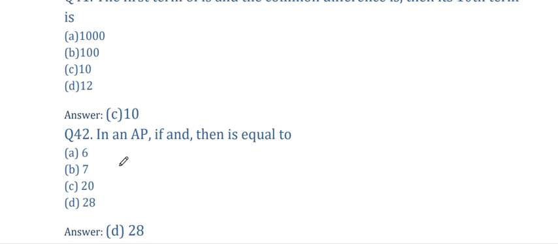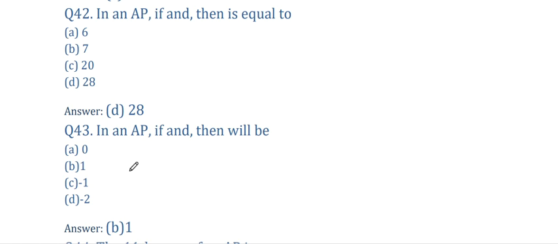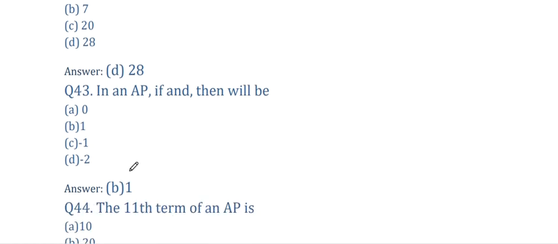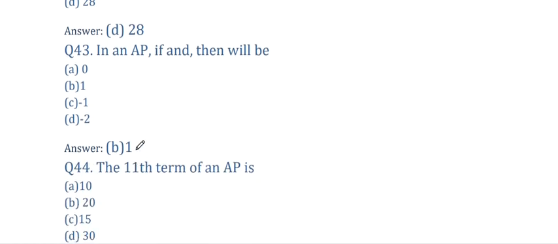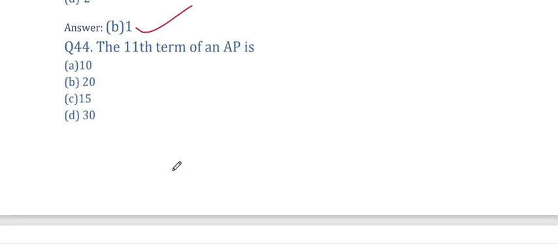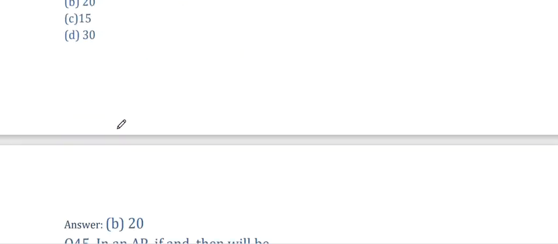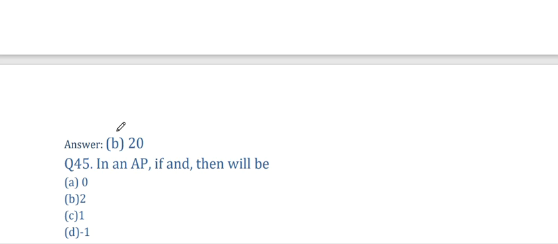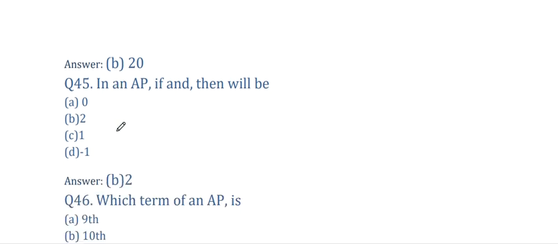In an AP, if the given terms are known, then it is equal to 28. In an AP, the value will be 0, 1, minus 1, minus 2. We go with 1. The 11th term of an AP is what? Here the data is unavailable.